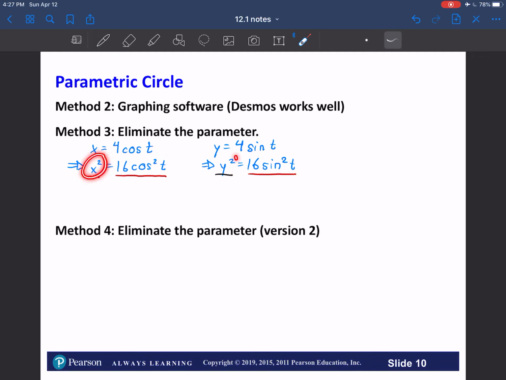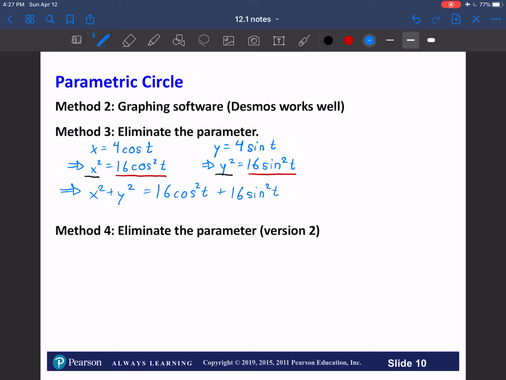Sum of the left-hand sides is equal to the sum of the right-hand sides. And doing that, we get that x squared plus y squared is equal to 16 cosine squared of t plus 16 sine squared of t.